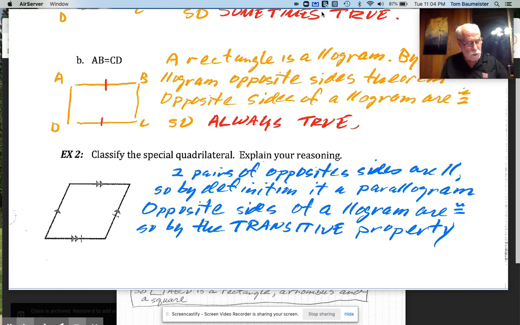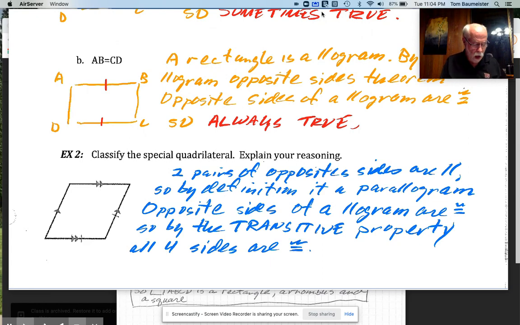So if this side is congruent to this side, and we know it's a parallelogram, so this would be a mark there, and this one is this one, then we can say that all four sides are congruent. And what is a parallelogram that has all four sides congruent? That would be a rhombus.